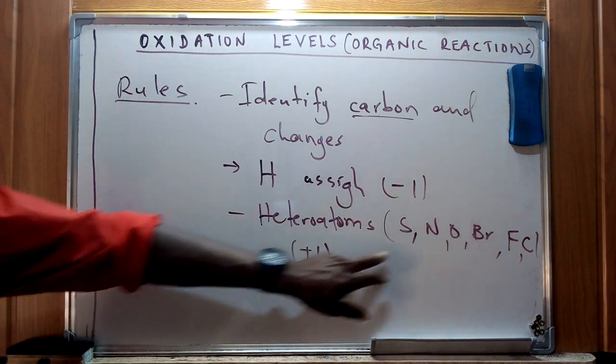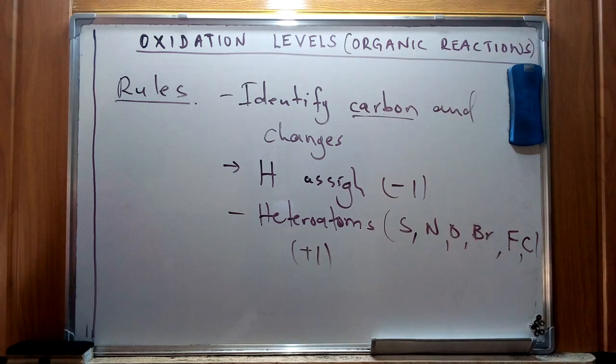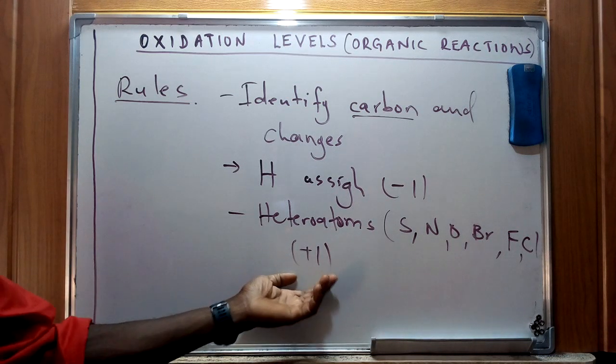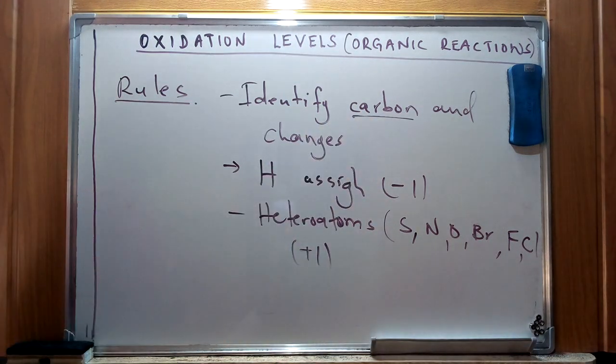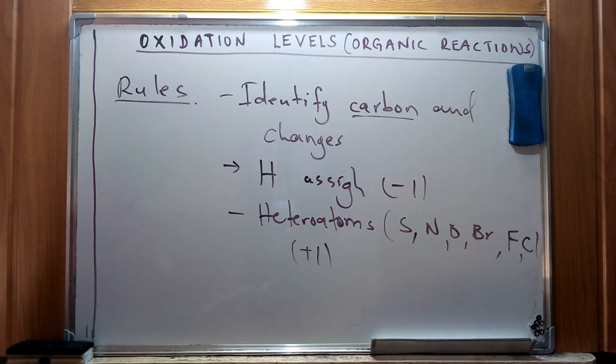So if we identify any of these heteroatoms that have been attached to a carbon in this specific compound or reaction, then we're going to attach a charge of +1.